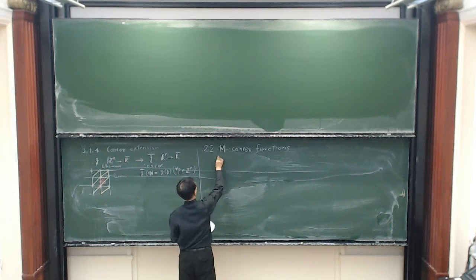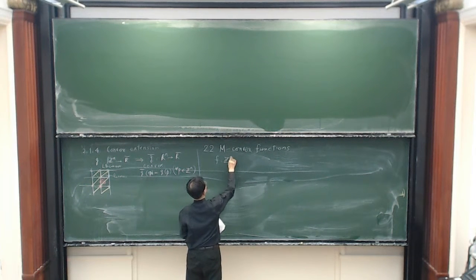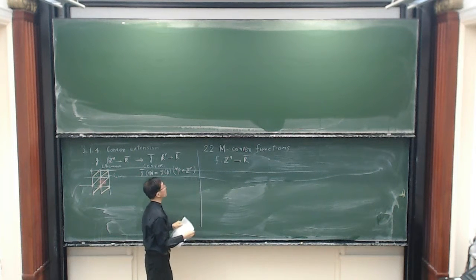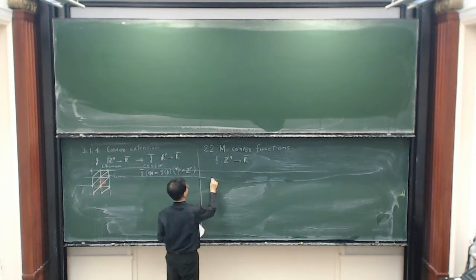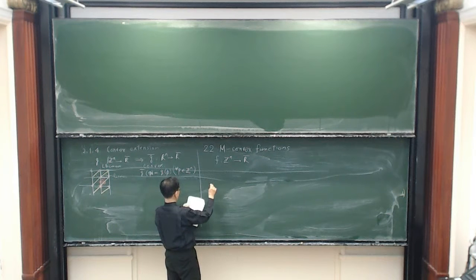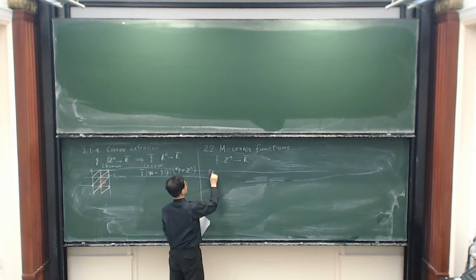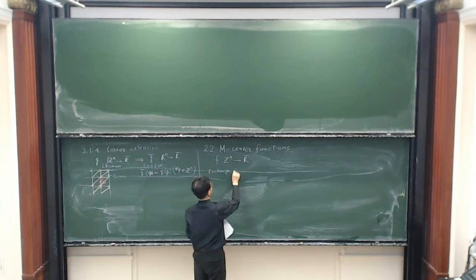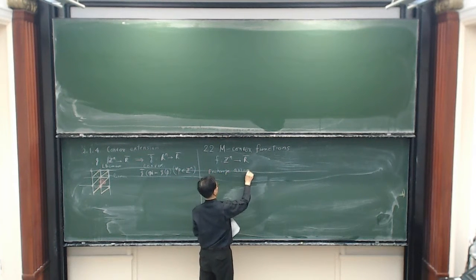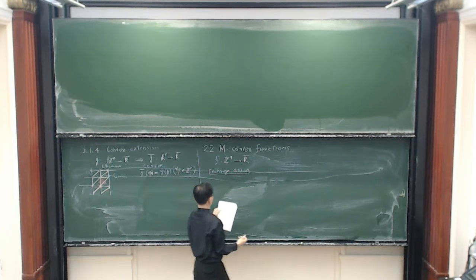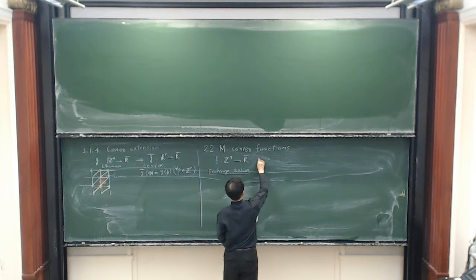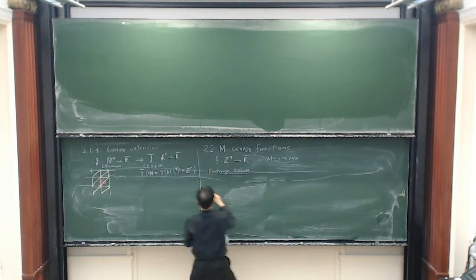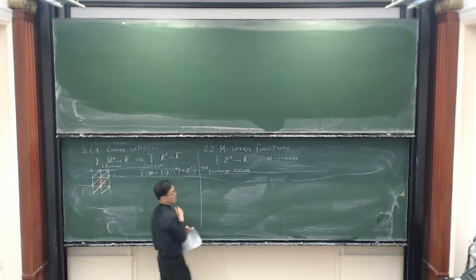So f is again defined on integer points, and we consider the following exchange axiom, or I call it an exchange axiom. That means I use this property as a definition. f is M-convex if it satisfies this exchange axiom.